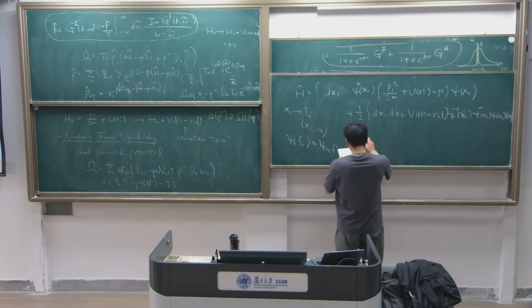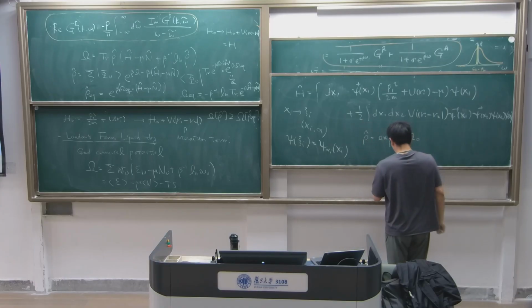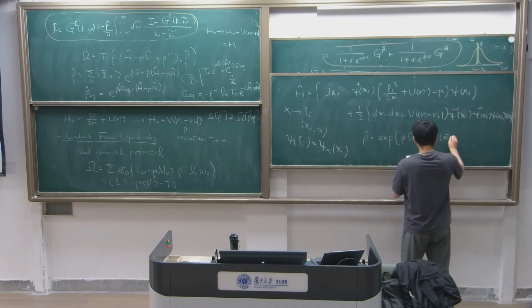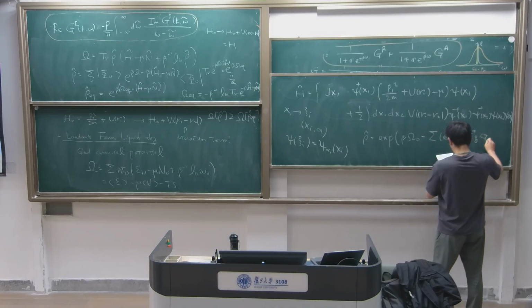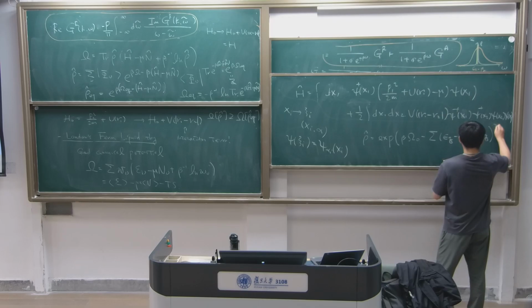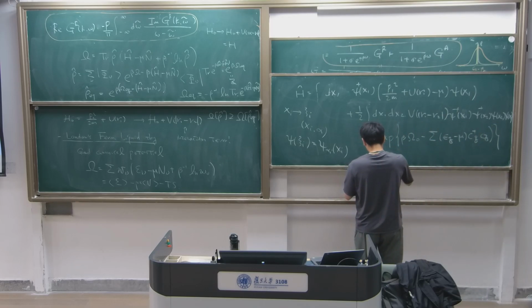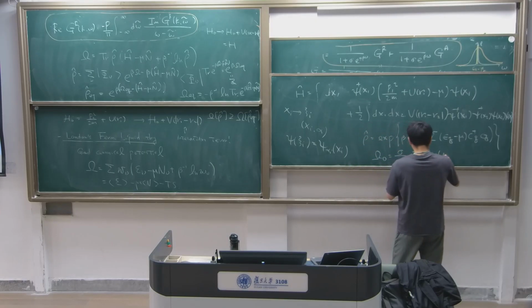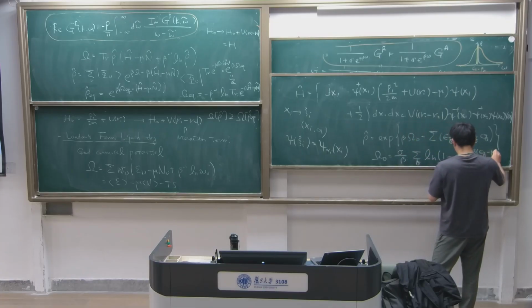Okay, and the density matrix here will be the exponential of beta omega theta minus the sum over q of epsilon q minus mu times n q. And then omega theta is equal to sigma over beta, the sum over q of log 1 plus sigma e to the minus beta epsilon q minus mu.